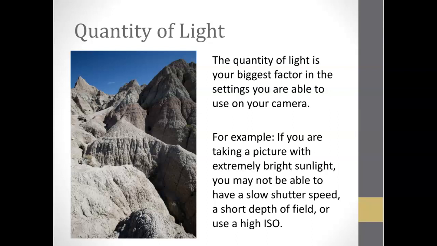The same with going with a short depth of field. If you wanted to be able to have that really short depth of field, you may have limitations on how much light you can take away with your other settings. Not that you generally want to have a high ISO, really ever, because that's the quality of your picture going down. But if you had a really high ISO in this situation, where it's a bright sunny day, your picture would probably be too overexposed.